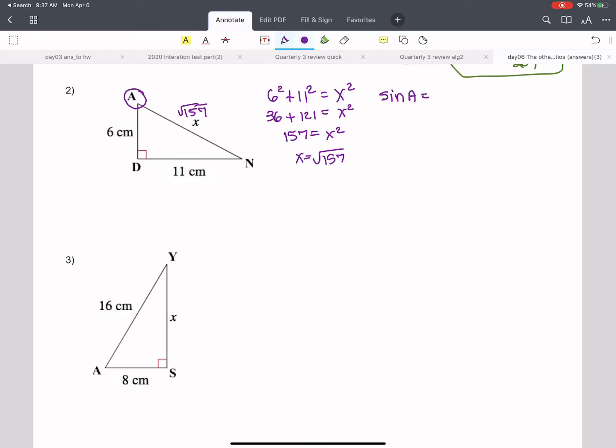Sine of A is 11 opposite over, of course that is not rationalized, so we will rationalize it by multiplying the numerator and the denominator by square root 157, leaving me with sine of A equaling 11 square root 157 over just plain old 157.